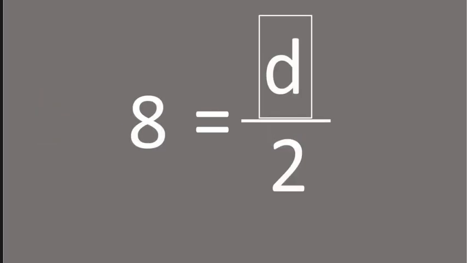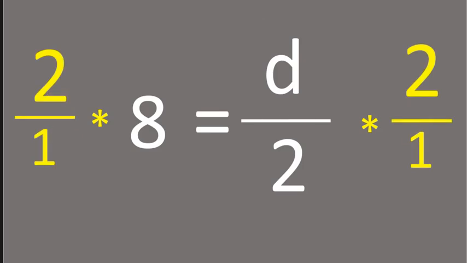If we put numbers to it, to give you an example, if the speed is 8 and it equals D divided by the time of 2, we see that we're trying to figure out what is happening to D. It's being divided by 2, so we're going to multiply by 2 on both sides. The 2's cancel on the right.